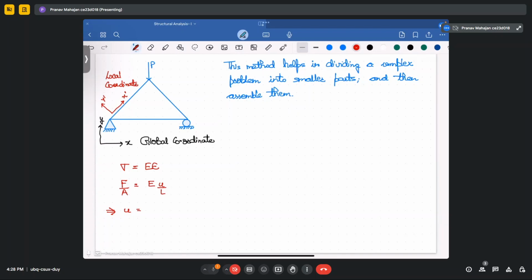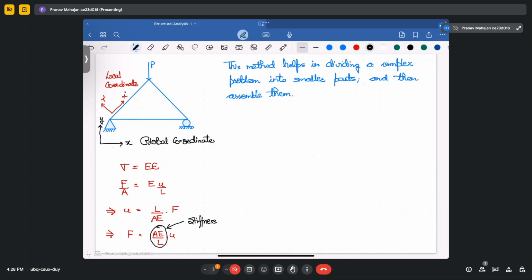U can be written as L upon AE into F. So what is this telling you? This is telling you that F is equal to AE upon L into U. So this AE upon L, for the truss member or when any member is subjected to axial forces, will be the stiffness value.